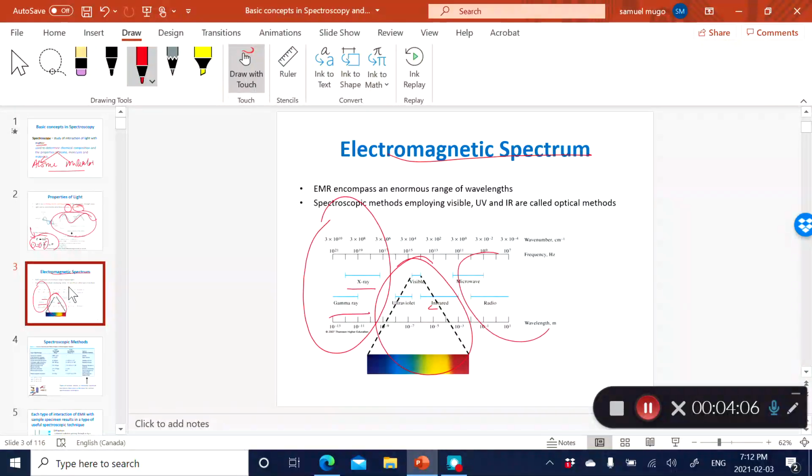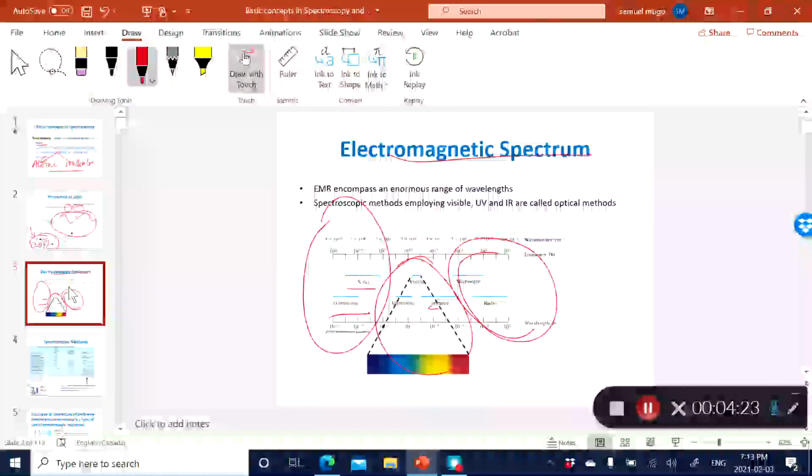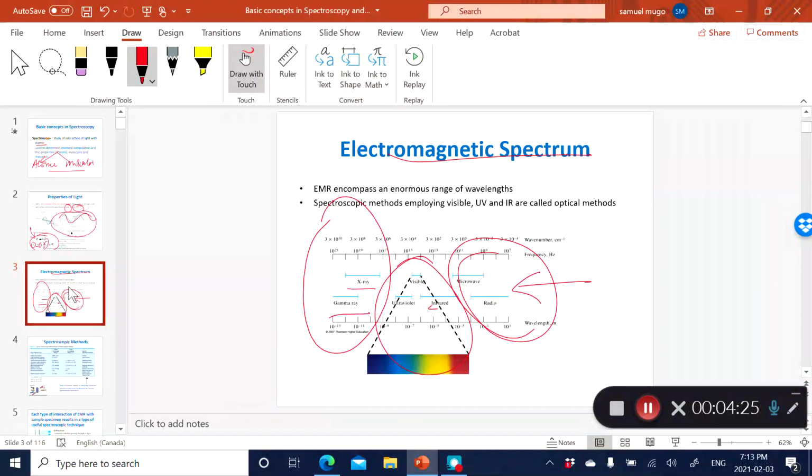Now, you can also have lower energy types of electromagnetic radiation, such as microwaves, radio waves, and so on. Equally, when they impinge on a chemical specimen, the energy is not strong enough to cause electronic transitions.